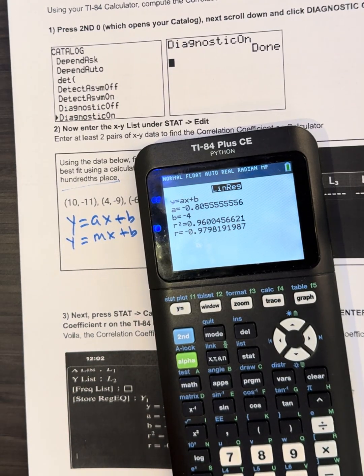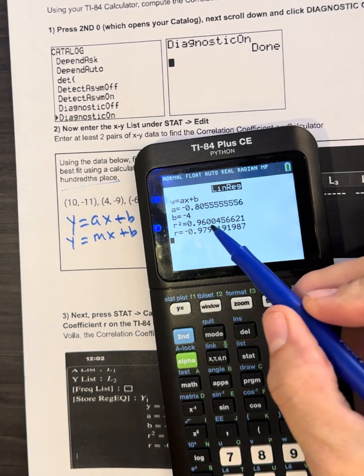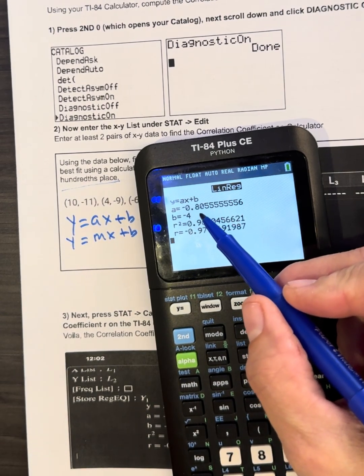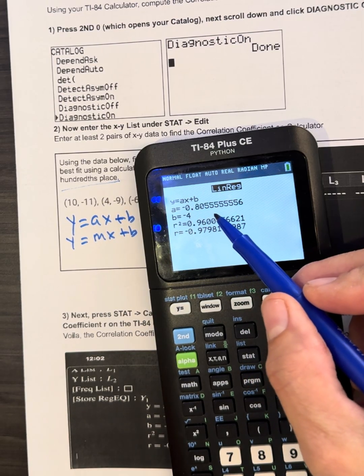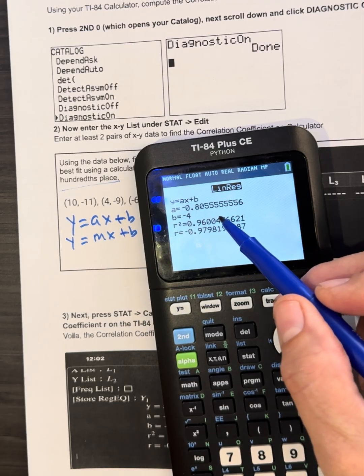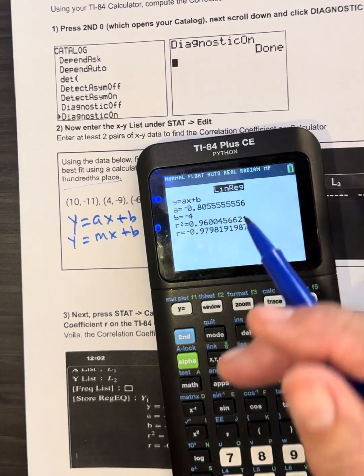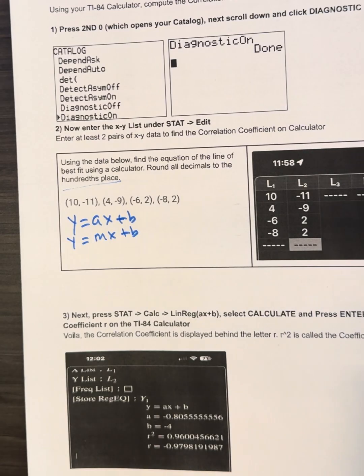Okay, let's go over the rules of rounding real quick. So 2 decimal places, so 0.80, what's after the 0? 5, so does it round up, round down, or stay the same? Up. So we get negative 0.81.